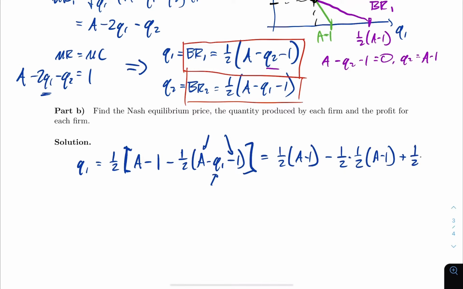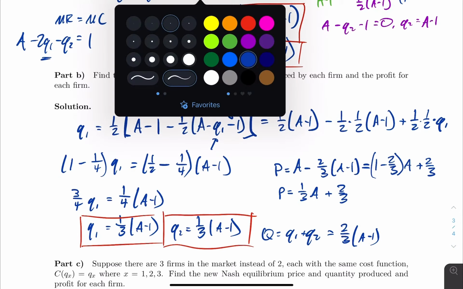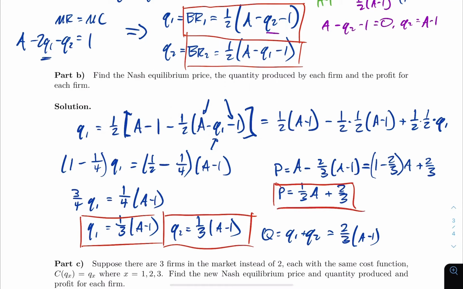So our price is equal to 1/3 A. Nope, I was right, it's 3 over 3, just getting my fractions confused. 1/3 A plus 2/3, and that's our price. Okay, let's move this up here.